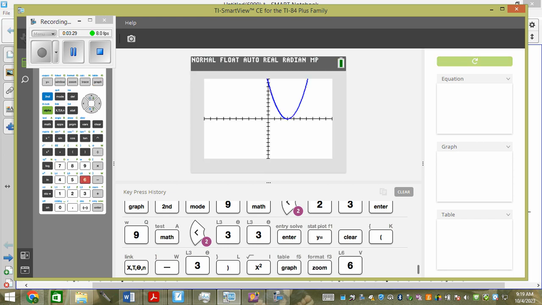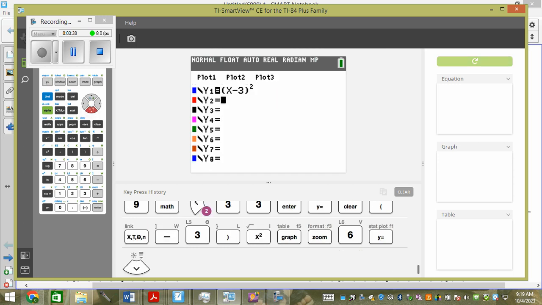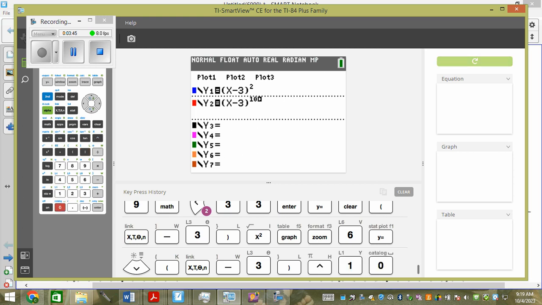So there's zoom 6. All right. So I have x minus 3 squared. Yes? Okay. What if I go x minus 3 to the 10 now? So that means I have 10 of them there, right? Multiplicity 10. And I would make yours thicker. Remember, make your line thicker if you don't have the colors.